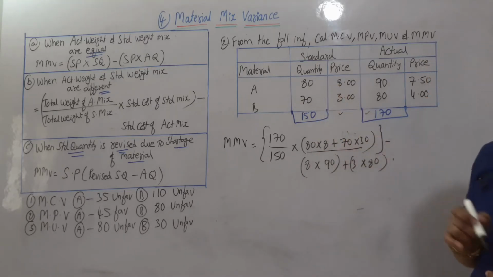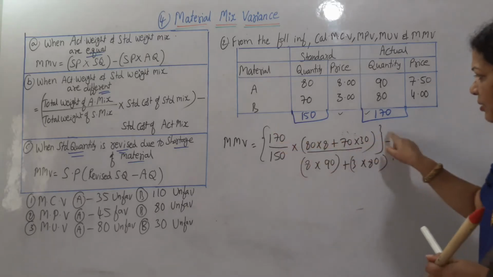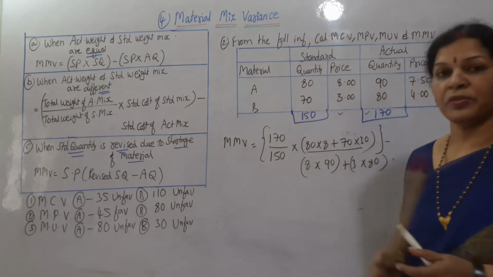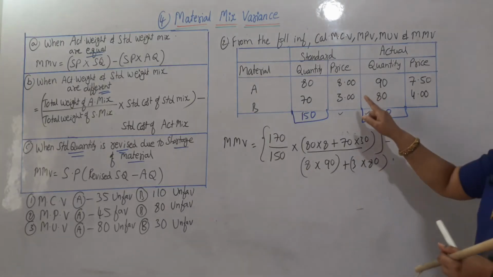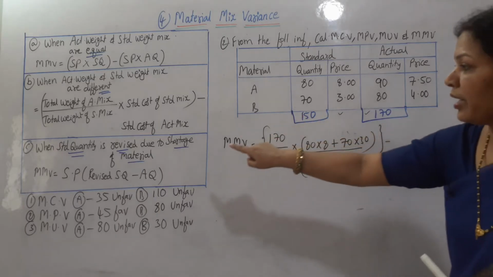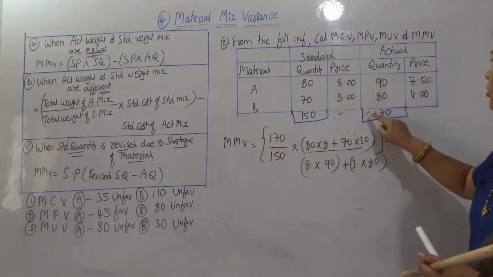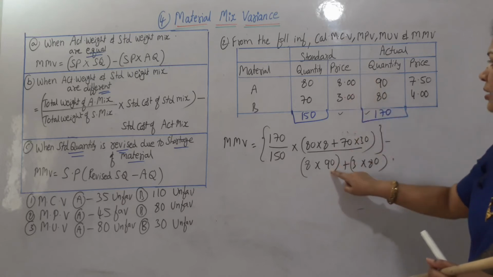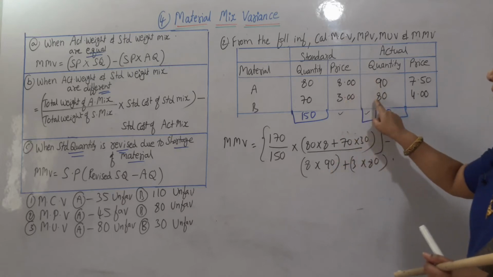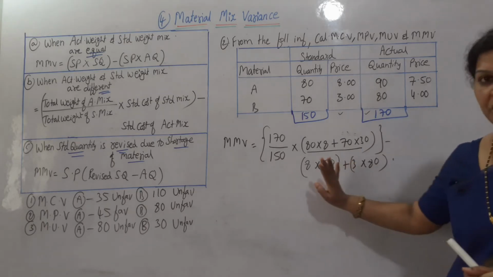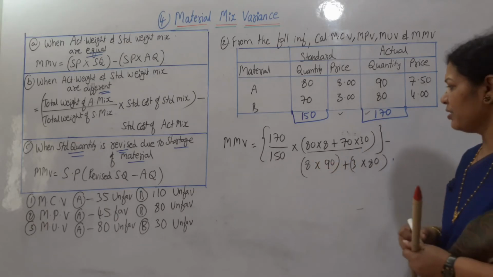We take everything in brackets, minus standard cost of actual mix. Standard cost is the price here. Standard cost of actual mix means 8 into 90 plus 3 into 80. That's all, simple calculations we have to do. Understood? Now we'll do the calculations.